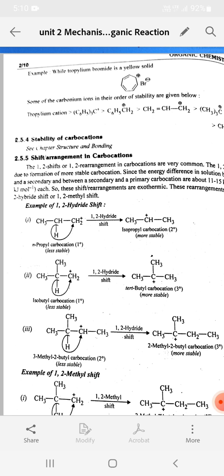Also, the rearrangements are exothermic. This is important to know. These rearrangements involve either a 1,2 hydride shift or a 1,2 methyl shift.